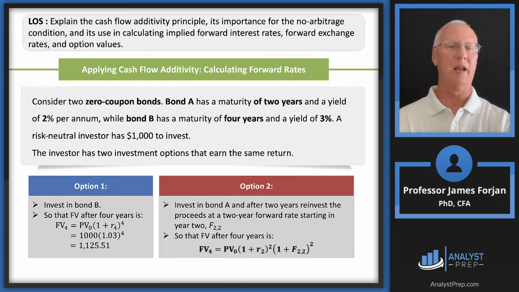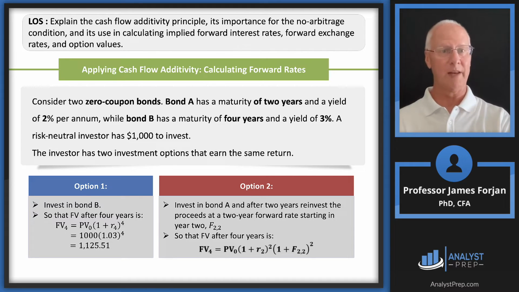But I'll give you my 2 cents on this introduction of a risk-neutral investor. It's exactly what the name suggests: a risk-neutral investor simply looks at the return on an investment and ignores risk. Now, you might think that's a strange way to price zero coupon bonds. And at first glance, it probably is, because we know that investors are risk averse.